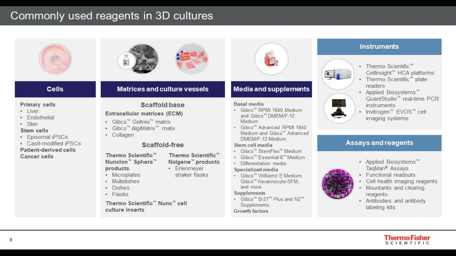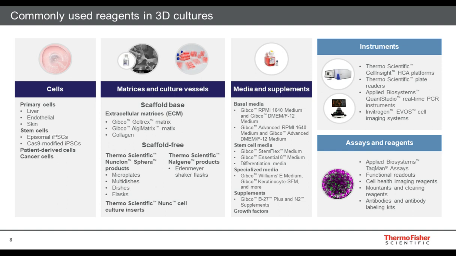There are also many models that require the use of plastics that prevent cell attachment so that the cells basically grow in suspension. And the use of these super low attachment plates, such as the Nunclon Sphera microplates and dishes and flasks, are also very useful in culturing various types of 3D models.